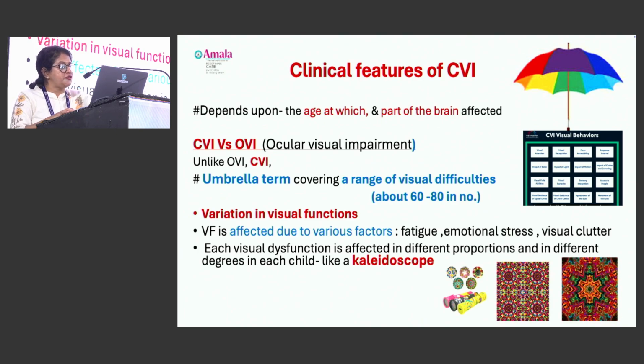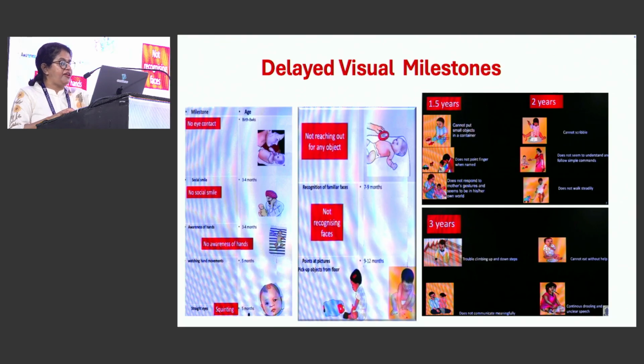Visual function is affected by various factors like fatigue, emotional stress, visual clutter, etc. And each visual function is affected in different proportion and in different degrees in each child, like a kaleidoscope, as you can see here. And there will be delayed visual milestones, so you should know the normal visual milestones. There may be no eye contact by 2 months of age, or no social smile by 3 months, or the patient may not be able to recognize faces by 9 months, etc.